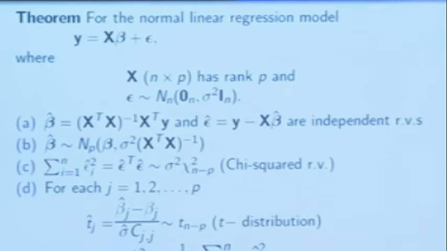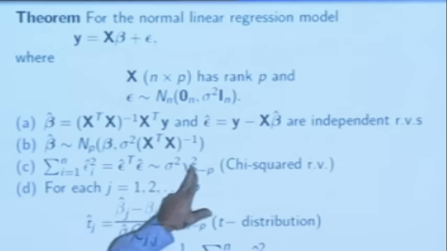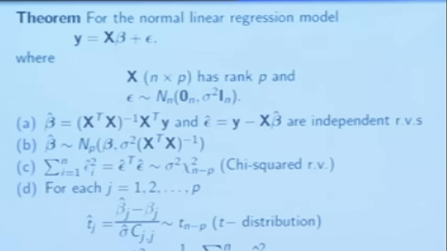So when we construct these statistics, they are statistically independent of each other. And the distribution of beta hat is multivariate normal. The sum of the squared residuals is in fact a multiple of a chi-squared random variable. The sum of n squared residuals is in fact an n minus p chi-squared random variable scaled by sigma squared.